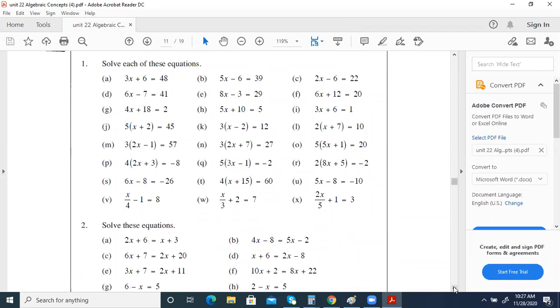So I want you to try, let me just pick some at random. You can try from the top, you can try Q to U, so Q to U. And from the bottom, you can try B to F. So Q to U up top and B to F down bottom.